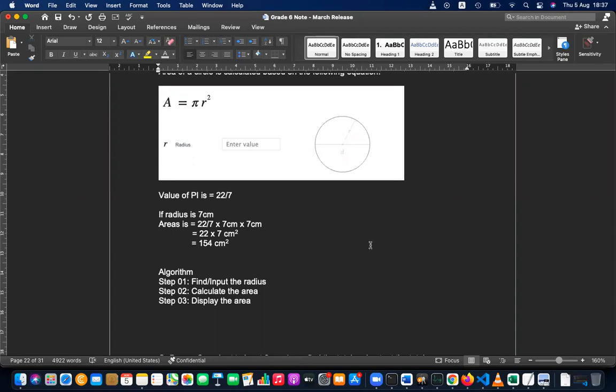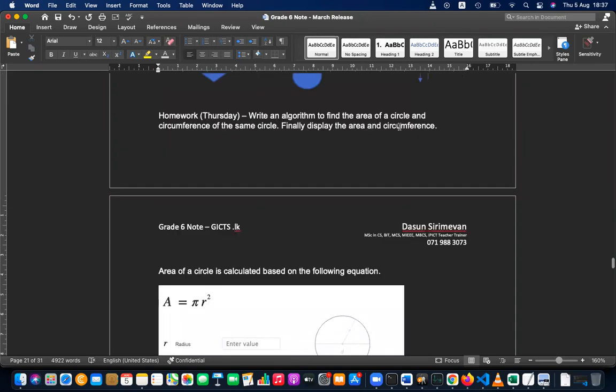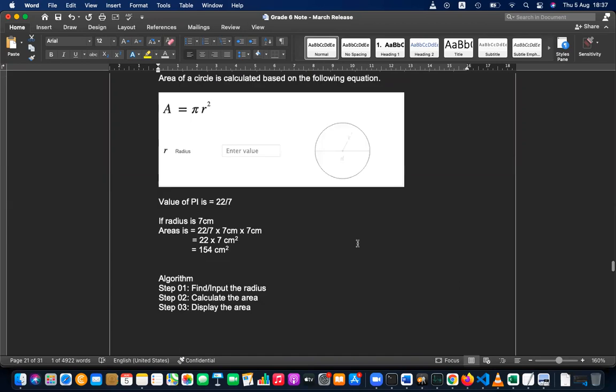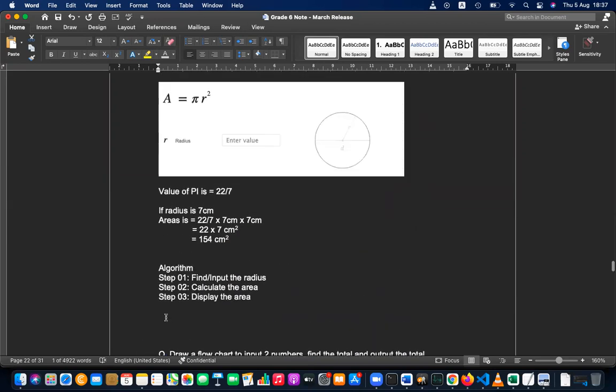Okay, I asked you to find the circumference too. The circumference of a circle is equal to 2 into pi into r.